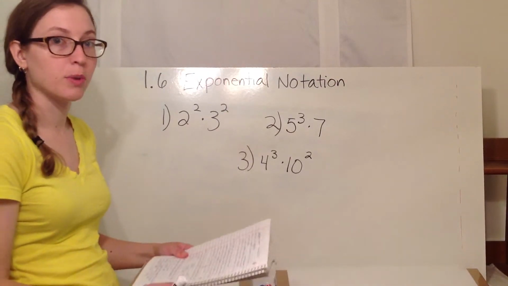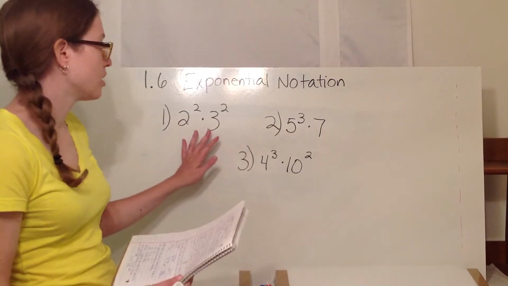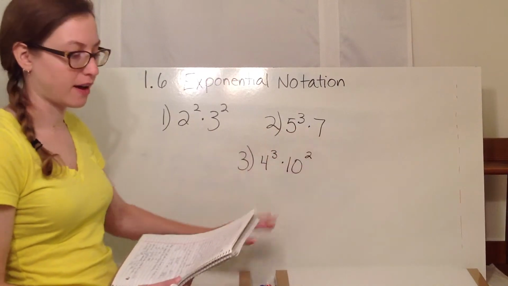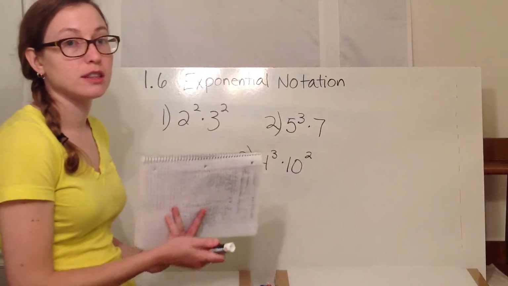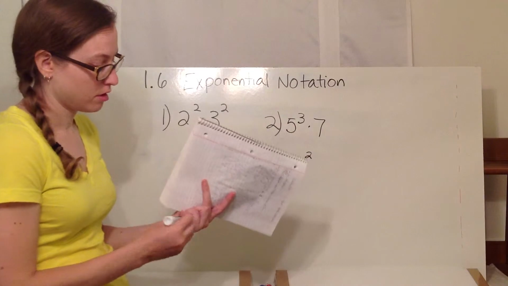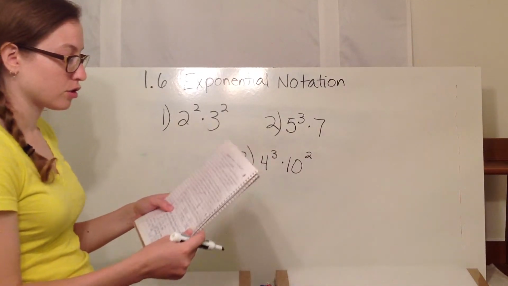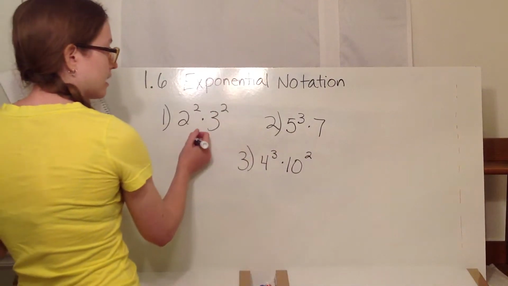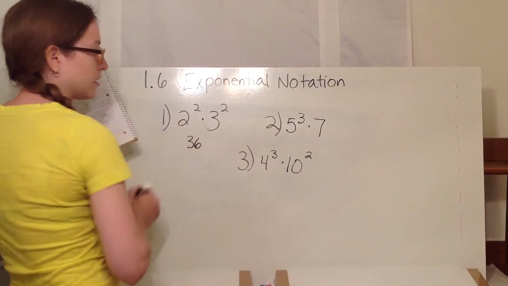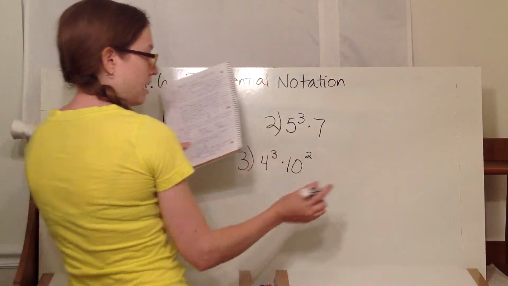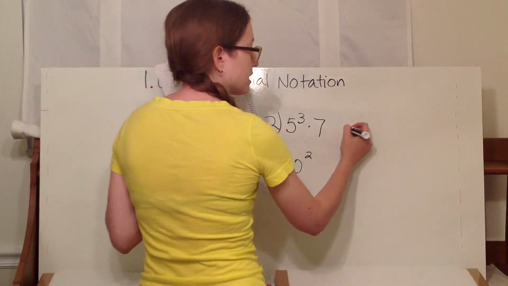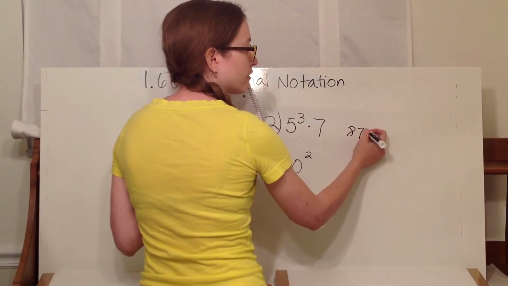Okay, hopefully you paused the video and were able to find what these numbers were when we simplified them. I trust that you did the expanded form on your own, but your answers should give you 36 for number 1. Number 2 is 875.